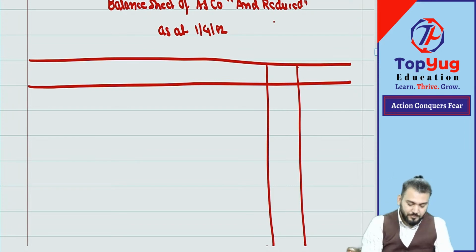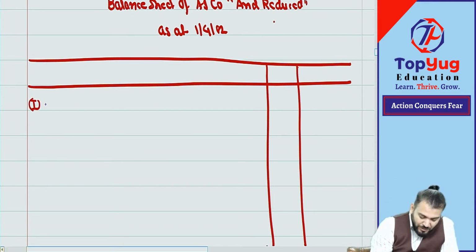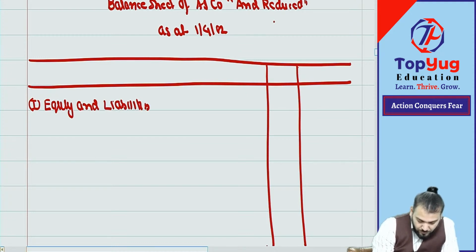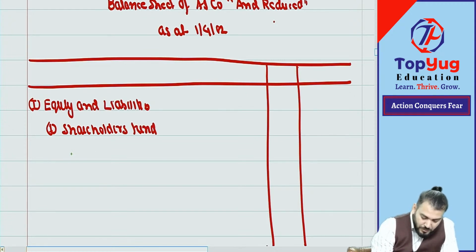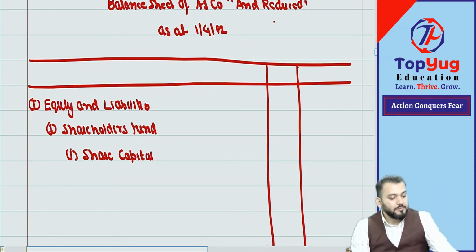Point number one, what do we write down? Equity and liabilities. Under that, first what do we write down? Shareholders' fund. Under this, first what do we write down? Share capital. Understood?